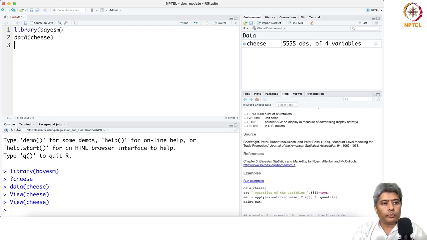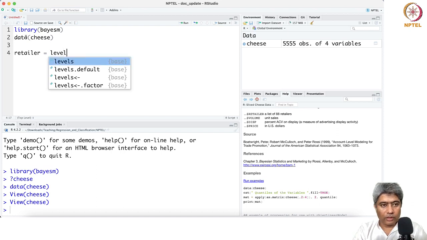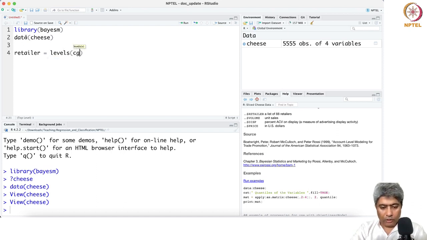So the first thing I'm going to do is check what levels are available for the retailer in the cheese dataset.